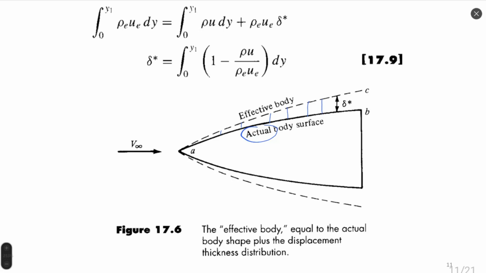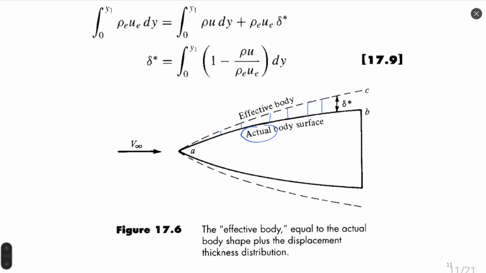Outside of the effective body, flow will be the same as for the inviscid case. We can change the surface size and use an inviscid model to calculate flow around this body.